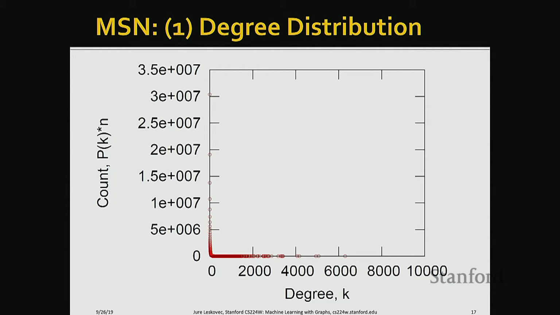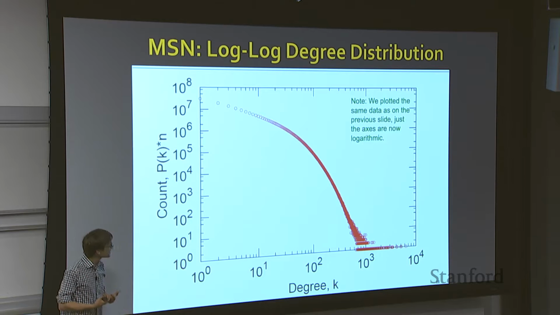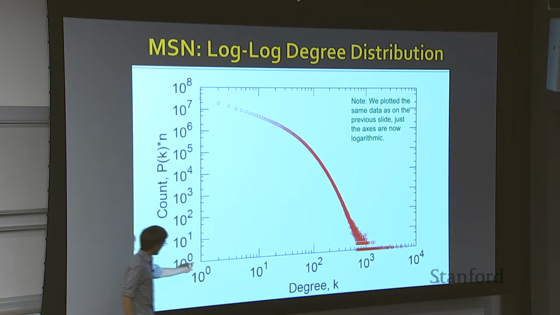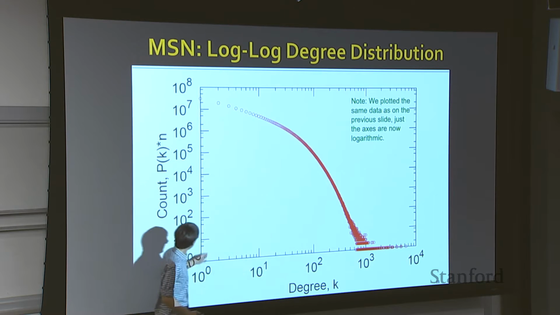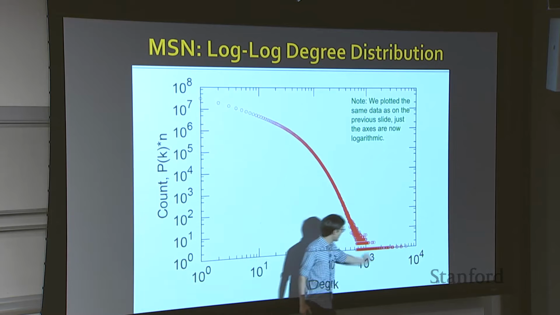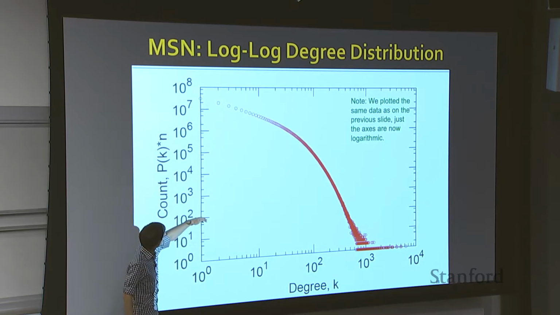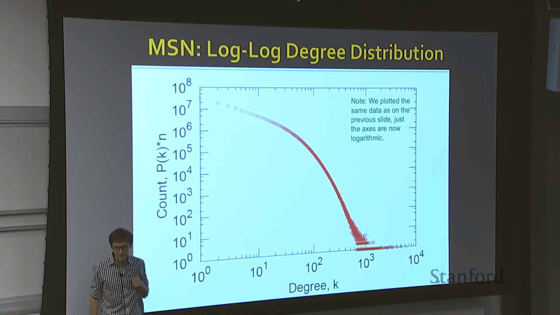But what happens if you take the same data, but you change how you plot it? You don't plot it on linear scales, but on logarithmic scales, and then good stuff emerges. This is exactly the same data, just logarithmic here and logarithmic here. So this is 10, 100, 1,000, 10,000, and this is 10 people, 100 people, all the way to 10 million, 100 million people.